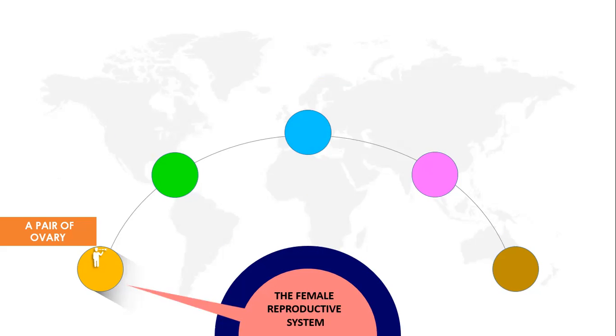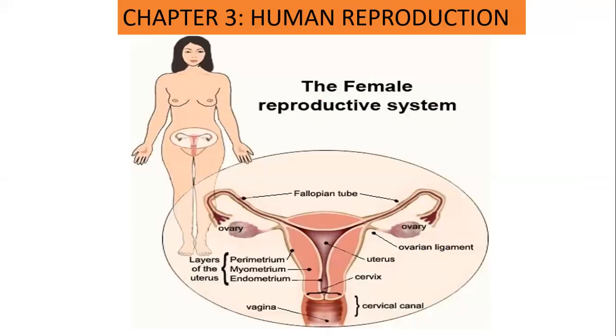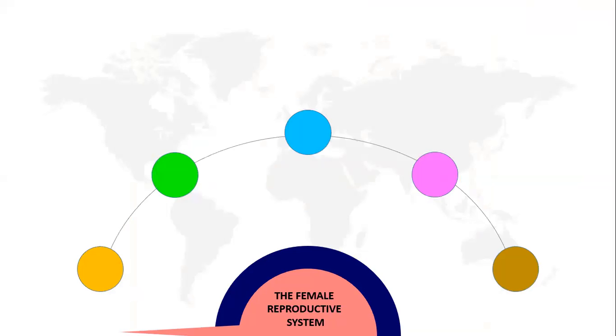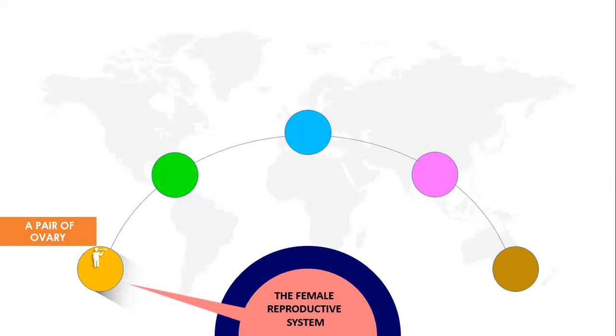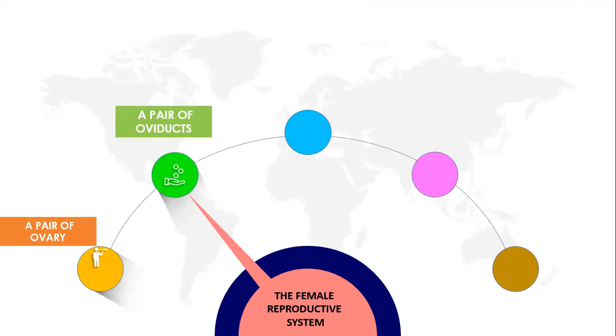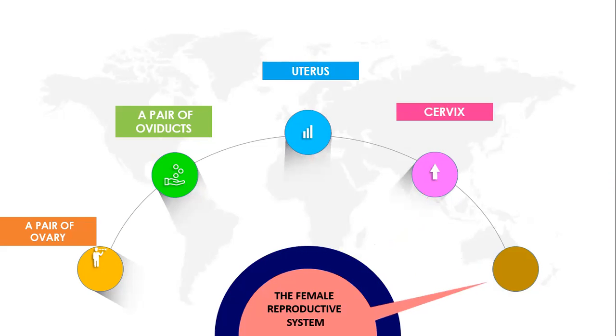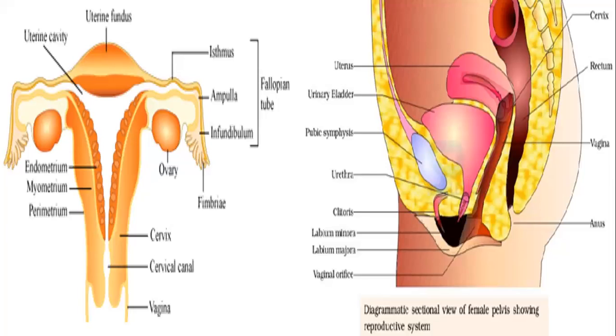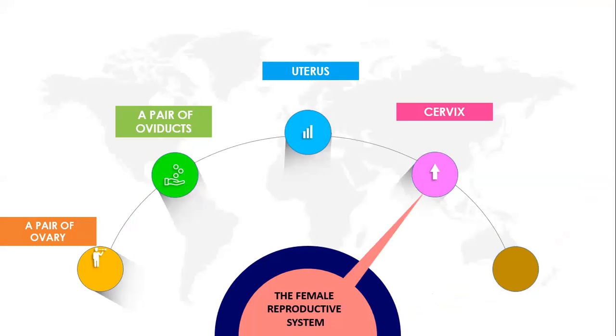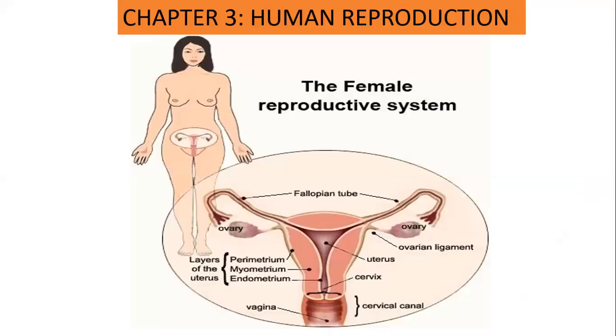There is a pair of ovaries, a pair of oviducts, uterus, cervix, vagina, and external genitalia. So once again, this topic is completed.